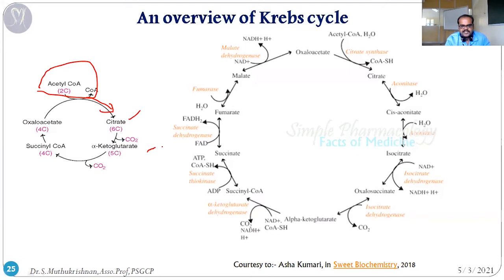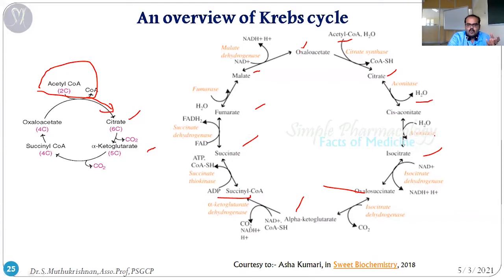You can see here in the right side picture, the acetyl CoA enters the pathway and is converted into citrate, then isocitrate, oxalosuccinate, alpha ketoglutarate, and succinyl CoA, succinate, fumarate, malate, then finally it's converted into oxaloacetate. During that process, it releases a large amount of energy.